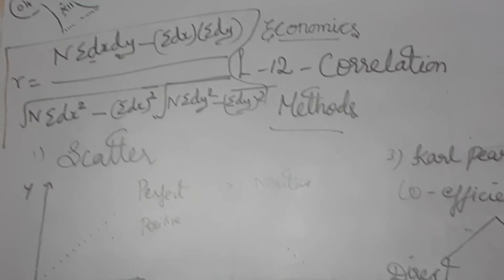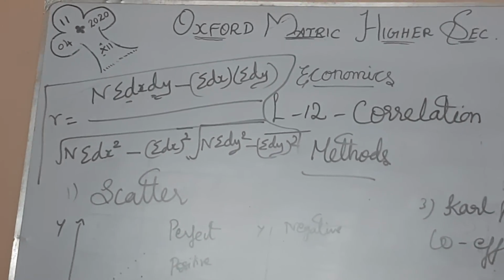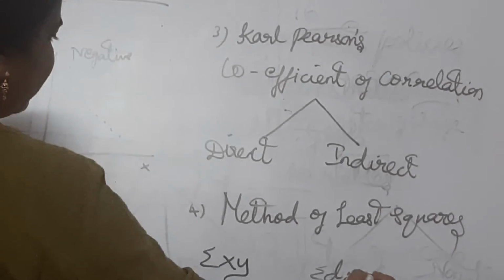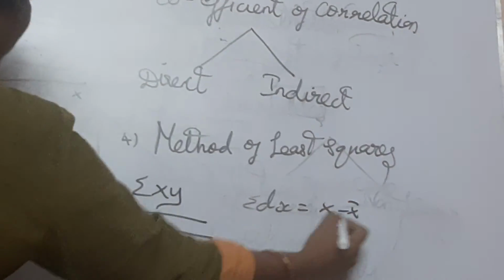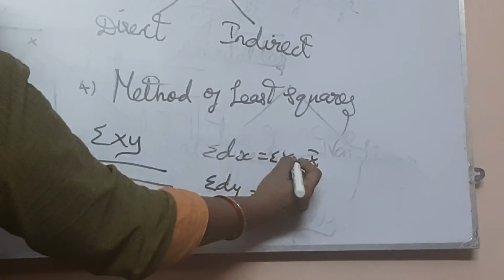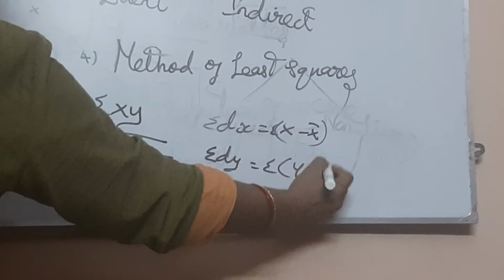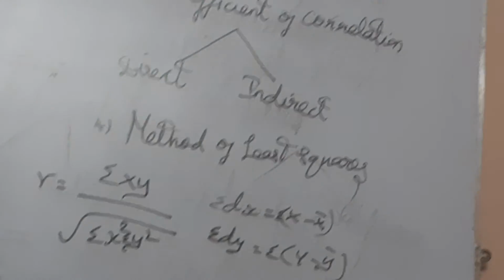D means x minus x bar, so dx means x minus x bar, dy means y minus y bar. Summation dx means the summation of x minus x bar, and summation dy means the summation of y minus y bar. From that alone we are calculating dx and dy.